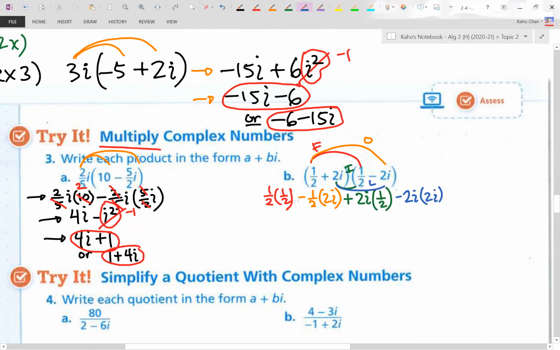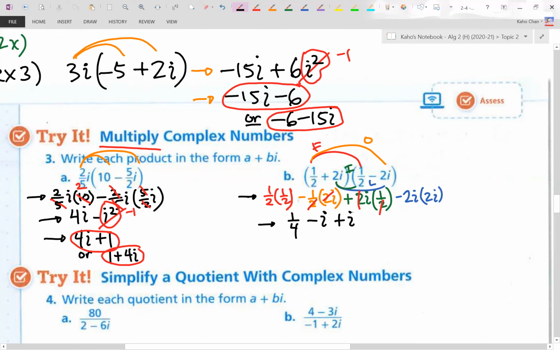That's okay. Let's clean that up one bit at a time, starting with the first term. 1/2 times 1/2 is 1/4. Second term, the 2's cancel, nice, leaving me with a minus i. Third term, the 2's cancel there too, giving you a plus i. Interesting.